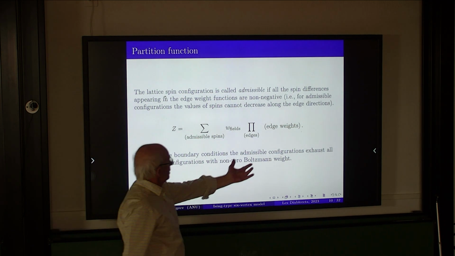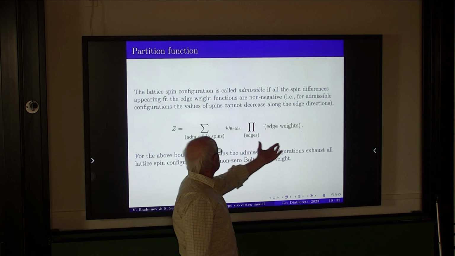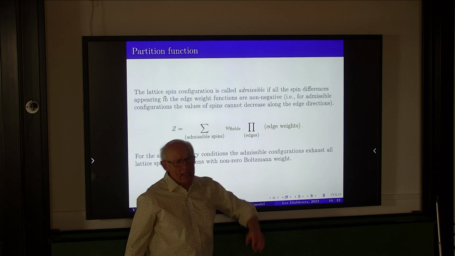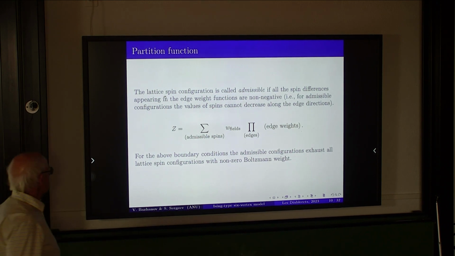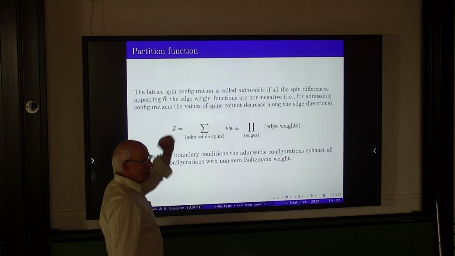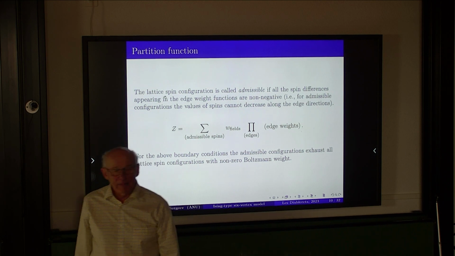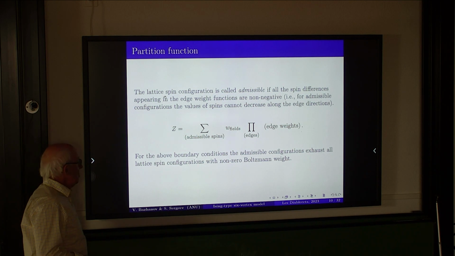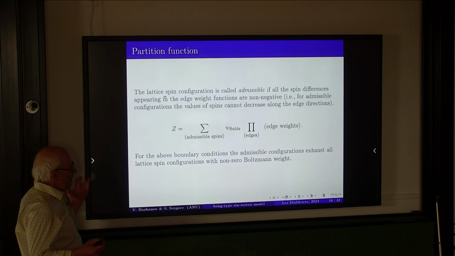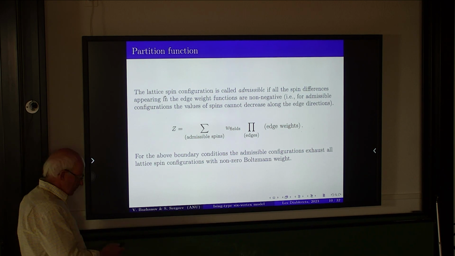So you take the product of edge weights. You can also add boundary field factors, as usual, and that's the definition of the partition function. Basically nothing complicated. You just take all the configurations where the Boltzmann weight is non-zero.